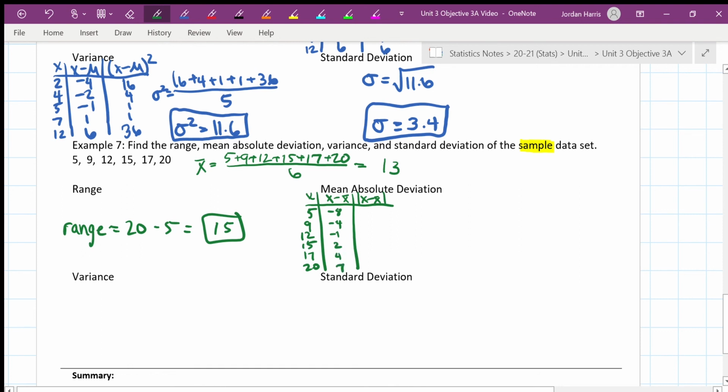Check: do they add up to 0? They do. Take the absolute value, then add them all up and divide by how many there are. It doesn't matter which type. Dividing by 6, you get 4.5.